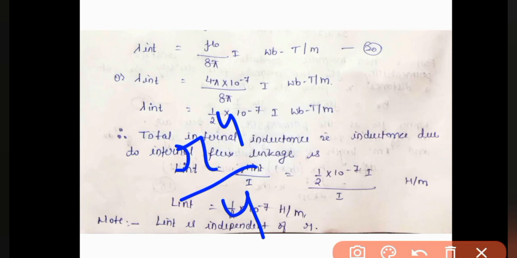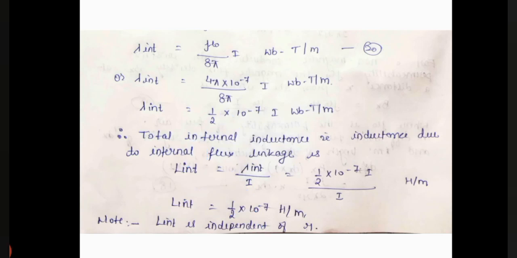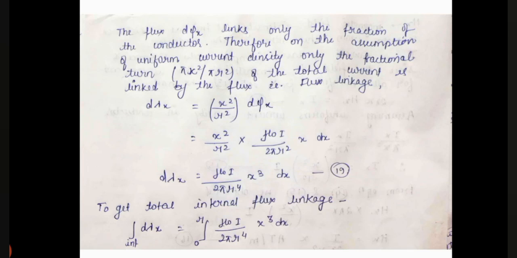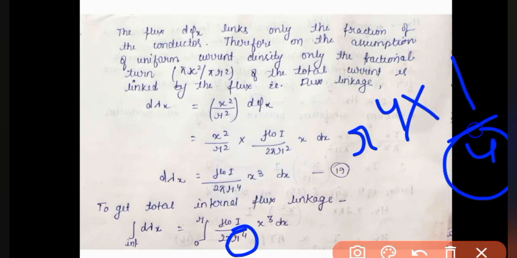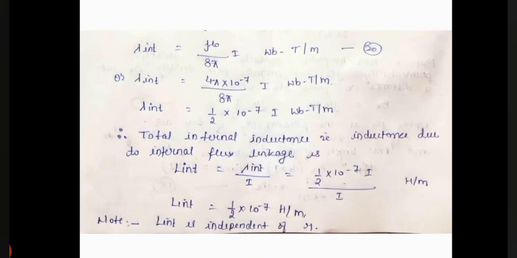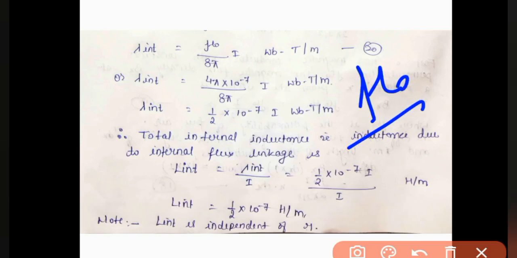R to the power 4 we have cancelled out. See, R to the power 4 is present here, and R to the power 4 cancels out. Remaining is 1 upon 4, and 1 upon 4 into 2 is equal to 8 here. That is why it becomes mu 0 upon 8 pi into I.